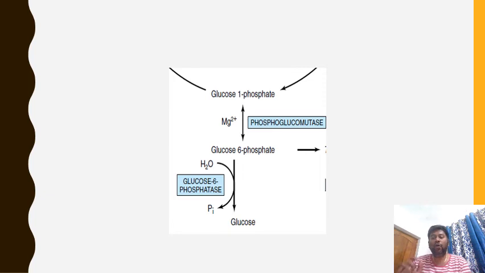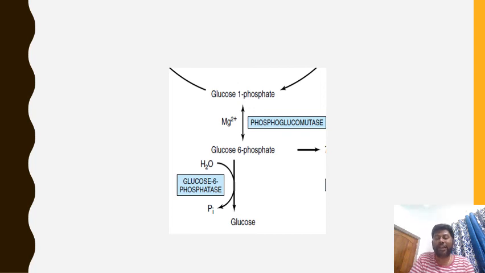Got it? Now, one important thing is that the enzyme glucose 6-phosphatase is present only in the liver. This means only liver glycogen can be converted to glucose and used for glucose homeostasis, for maintaining the blood glucose level. Whereas in muscle, the glucose 6-phosphate cannot be converted to glucose.